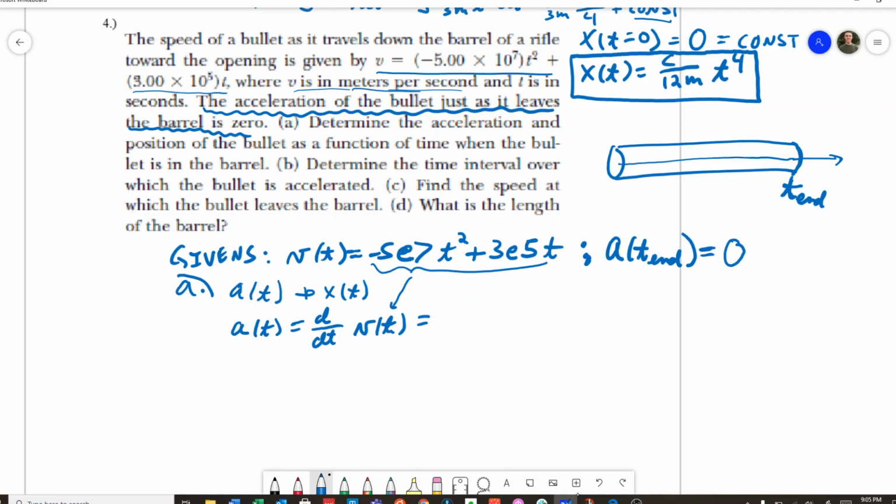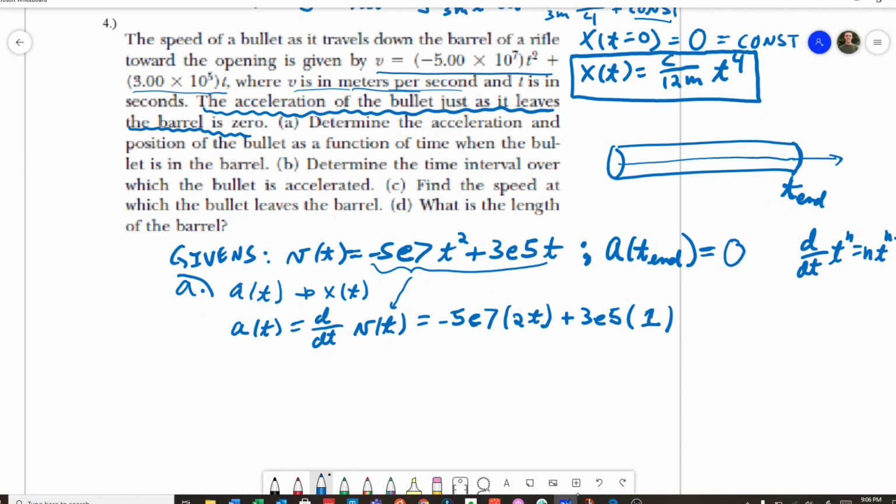So the derivative of this function would be, well, the constant multiple stays out front times the derivative of t squared, which is 2t, plus 3e5 as the coefficient times the derivative of t, which is just 1. Because we know from the power rule, d/dt of t to the n is equal to n t to the power n minus 1.